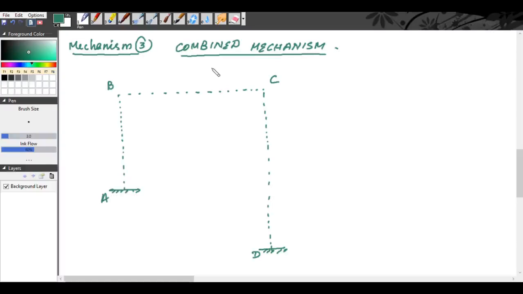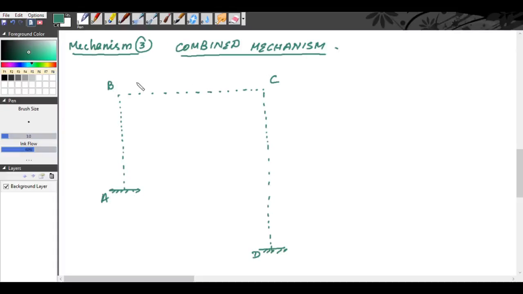Now, see, for the combined mechanism, we will have hinge formation at A, C, D. Also, if there is a concentrated load in the span BC, there will be a hinge at that point where the concentrated load is acting.